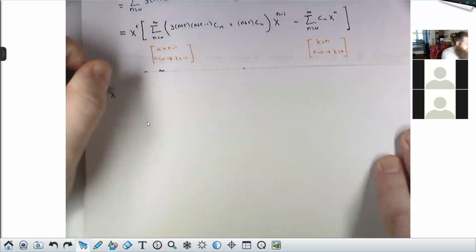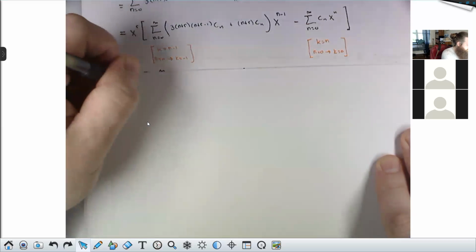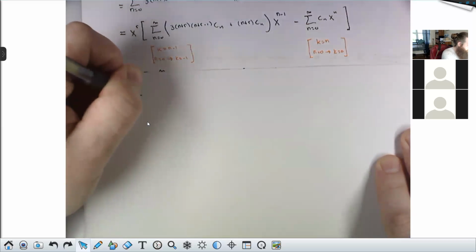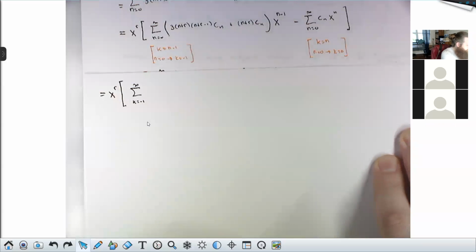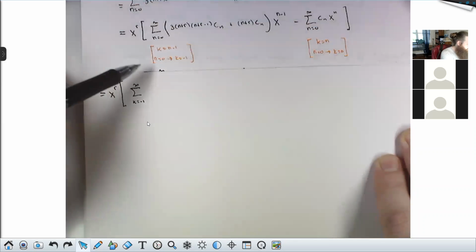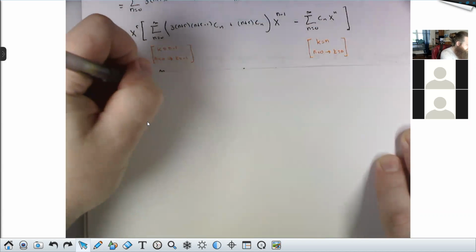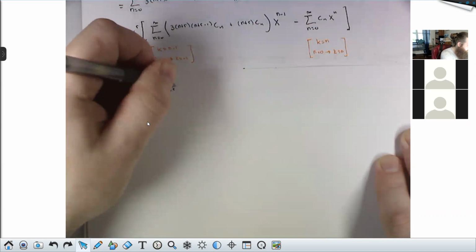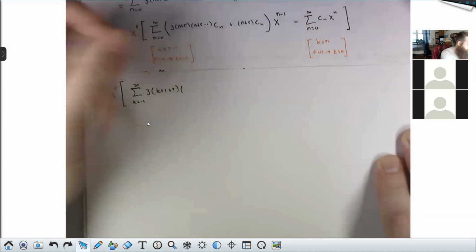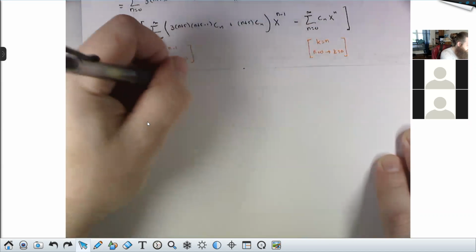Equals x to the r, big bracket, sigma k from -1 to infinity. If k is n minus 1, then n is k plus 1. So this is 3 times k plus 1 plus r, times, n plus r minus 1 is the same as n minus 1 plus r, so that's just k plus r.